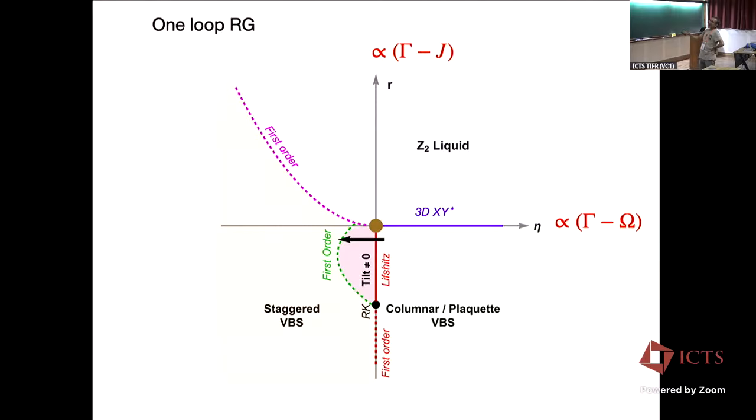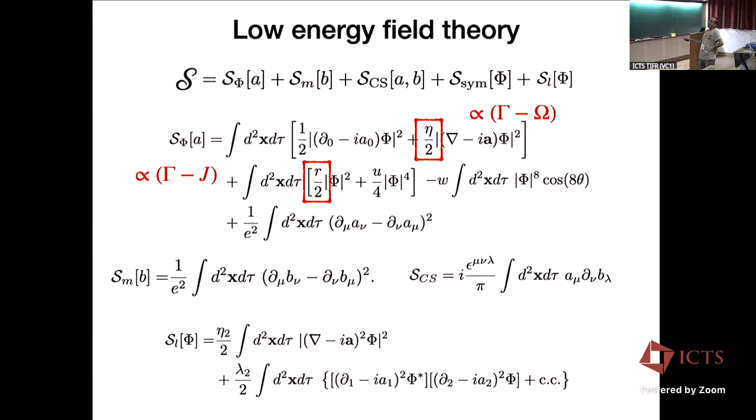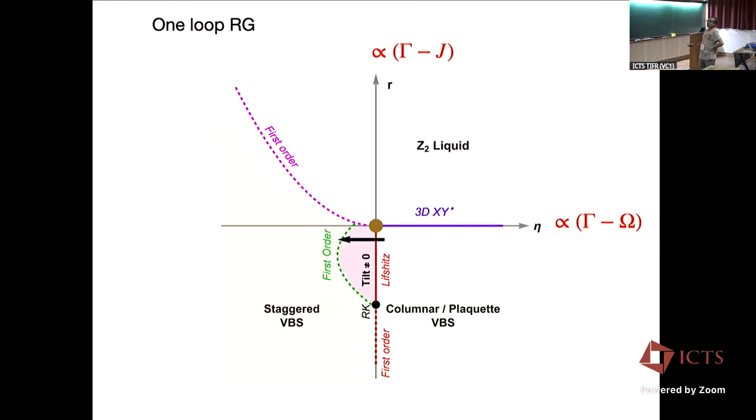Whereas once you condense the bosons, depending upon whether the gradient term is positive or negative, you recover the various kinds of crystal phases, the staggered phase, the columnar phase, and the Rokhsar-Kivelson point buried somewhere here. So this is essentially the entire phase diagram that you can get once you allow these 1-dimer, 2 to 3-dimer fluctuations.